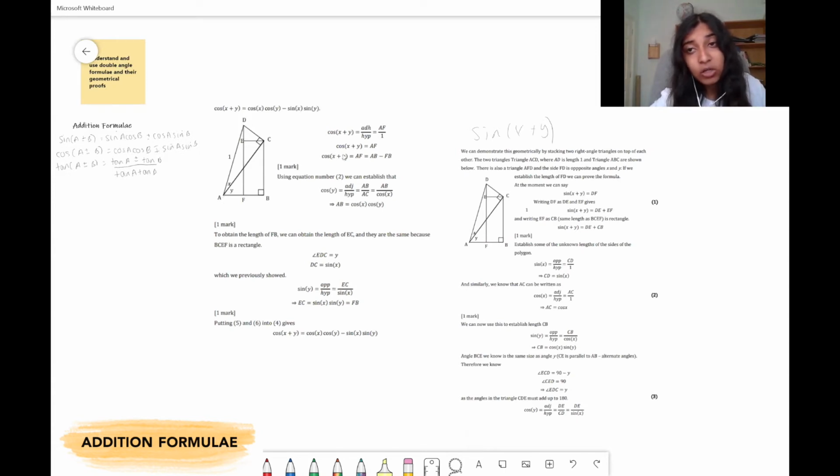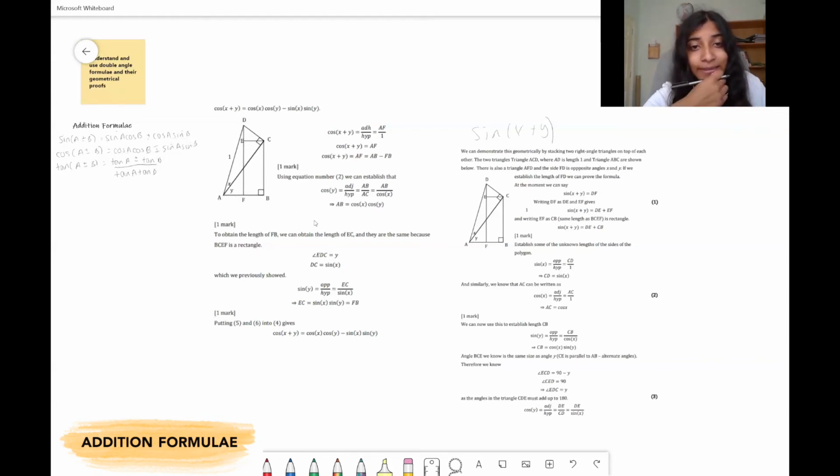So that means that cos x plus y is just equal to AF. And then if we were to split up AF in terms of two other sides, AF is just equal to this whole side, AB, minus just FB. And then if you do that minus that, you'll just be left with AF here.